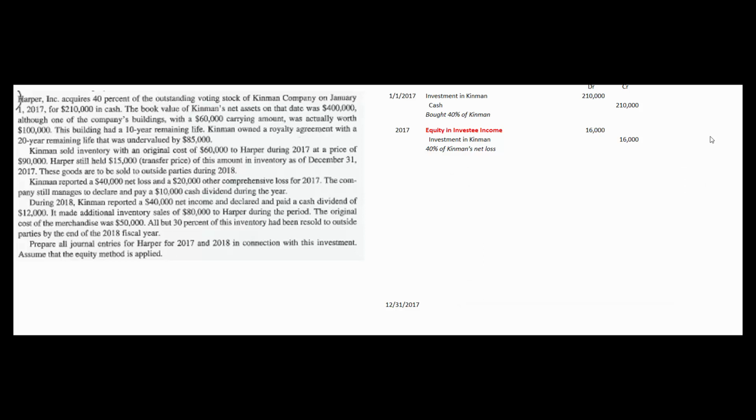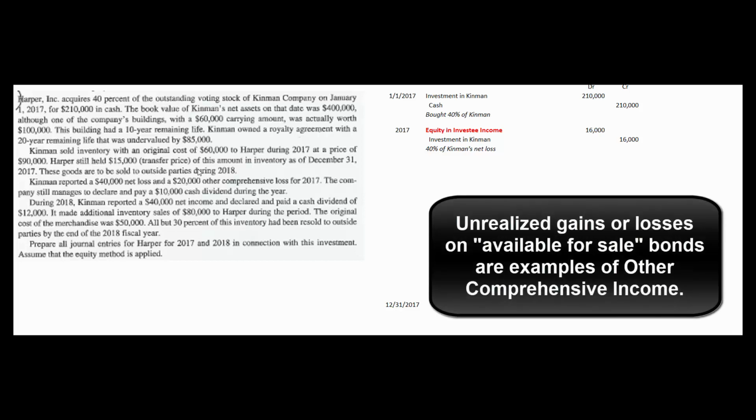Next, the problem tells us that the investee had a $20,000 other comprehensive loss. So maybe they owned some bonds of, say, Pacific Gas and Electric Company. They didn't sell those bonds, but they were classified on Kinman's balance sheet as available for sale. So those unrealized losses get included in other comprehensive income, important stuff that hasn't really happened yet.